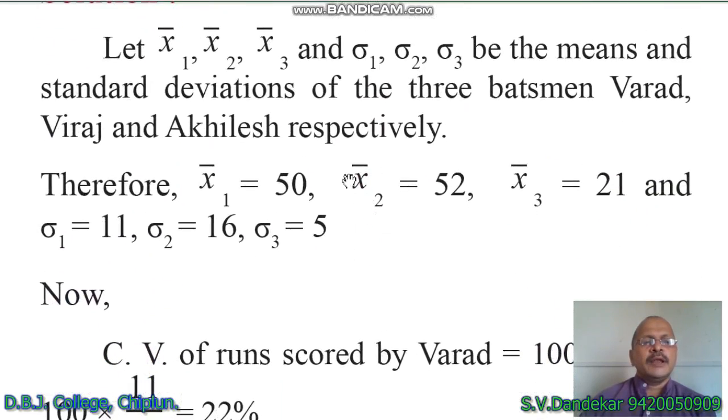Solution: let x1 bar, x2 bar, x3 bar and sigma 1, sigma 2, sigma 3 be the means and standard deviations of the three batsmen Varad, Viraj and Akhilesh respectively. The given things: x1 bar is 50, x2 bar 58, x3 bar 21. Sigma 1 is 11, sigma 2 is 16 and sigma 3 is 5.